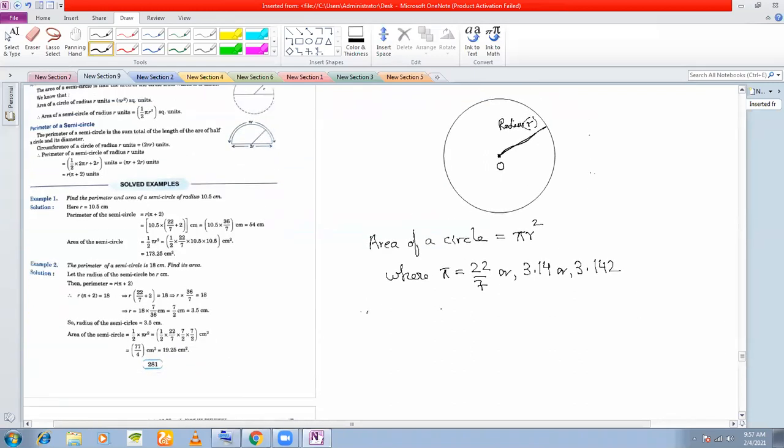Now remember that if nothing is given in the problem about the value of pi, which value to take?